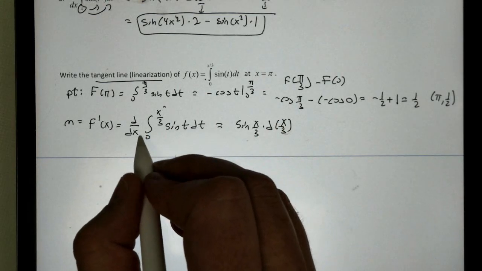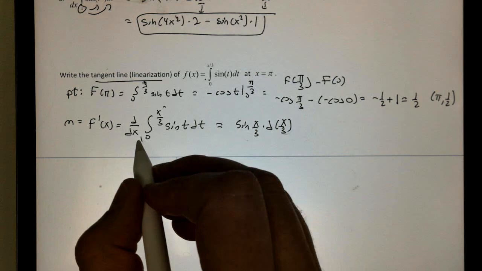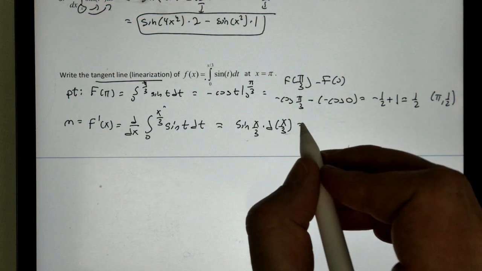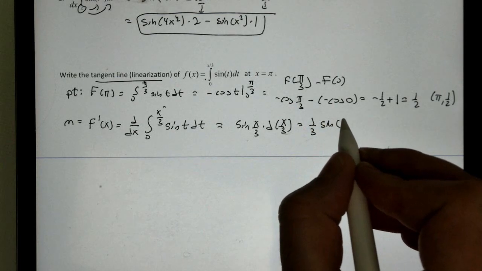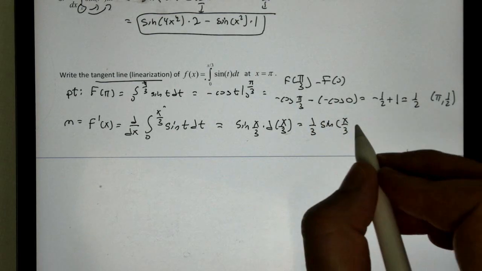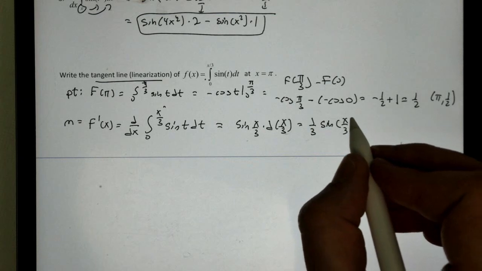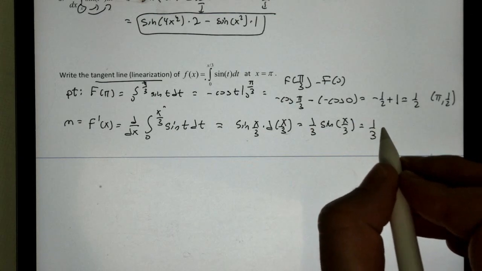Remember, this is a constant. It became a 0 for us. And this just becomes 1/3 sine x over 3.